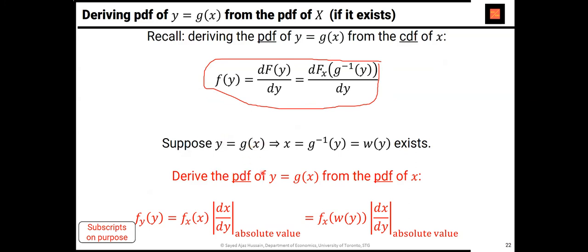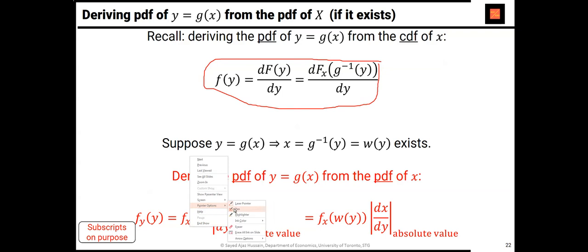So the way it works is, someone gives you a function of x and asks you to find the PDF of this function of x, i.e. the PDF of y. But this time they want you to do it from the PDF of x. The way it works is, in words, to find the PDF of y, I put the subscripts on purpose to show this is the PDF of y. All you do is you take the PDF of x right here.